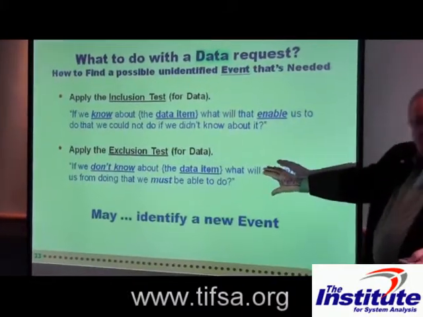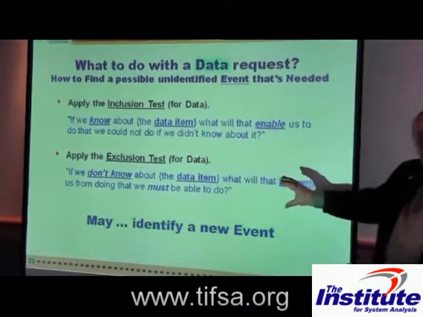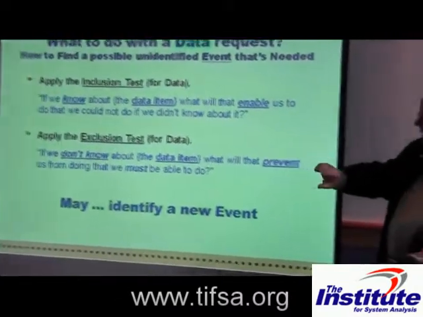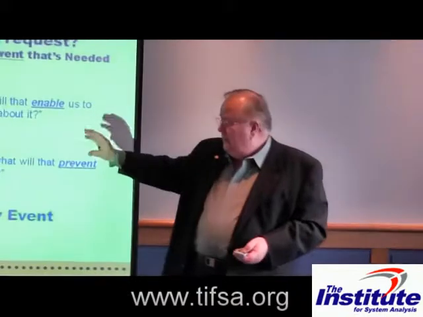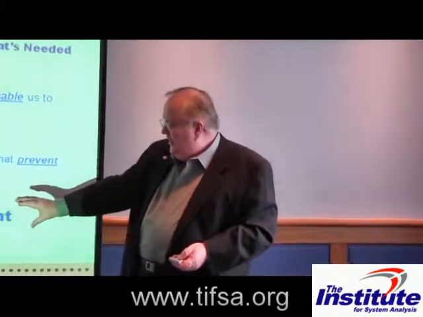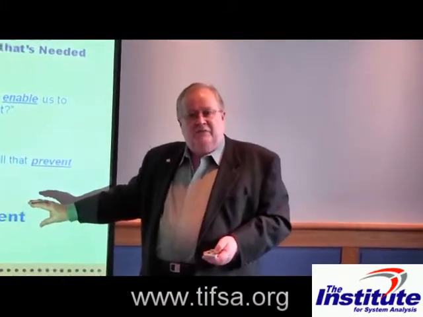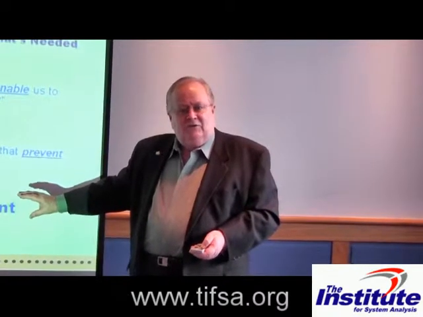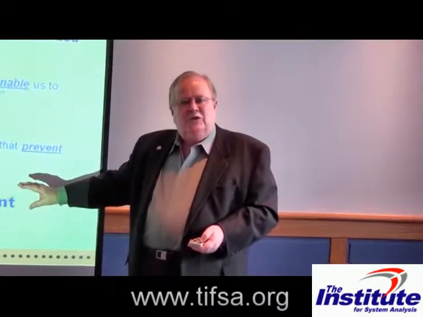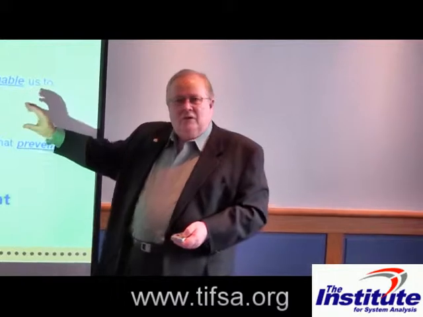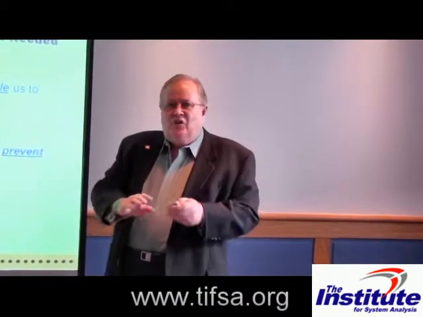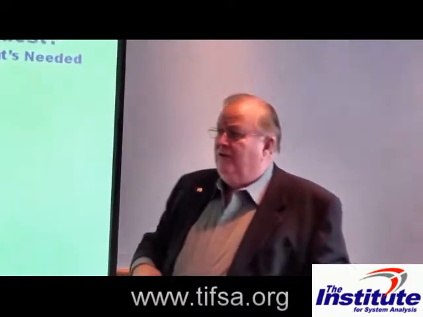The exclusion question is, if we don't have that data, if we don't get that data, what will that prevent us from doing? And the answer you get could very likely identify a new event. So you have to listen very, very carefully to what they say. This is a powerful, powerful question that I ask all the time of my subject matter experts, my clients, as I work with them.